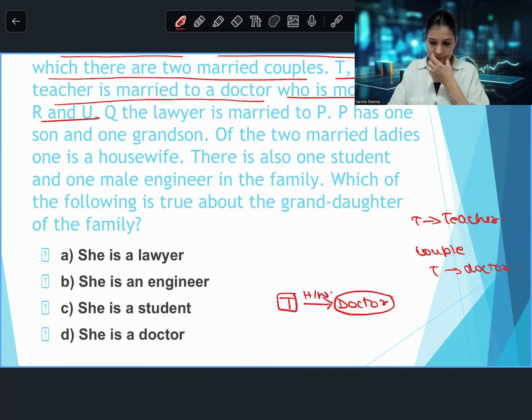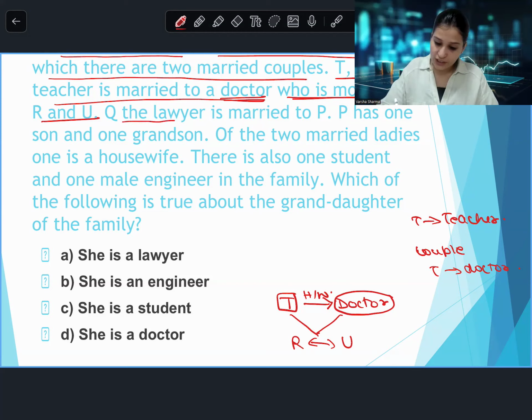So the doctor is the mother. They are both parents of R and U. Done? Yes, ma'am.